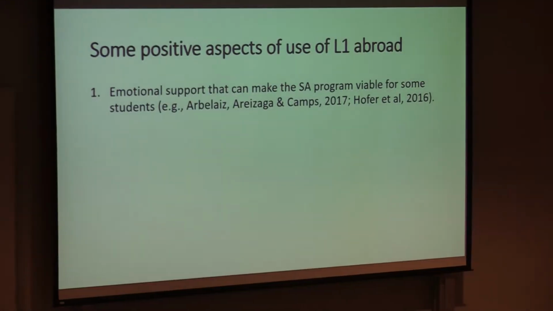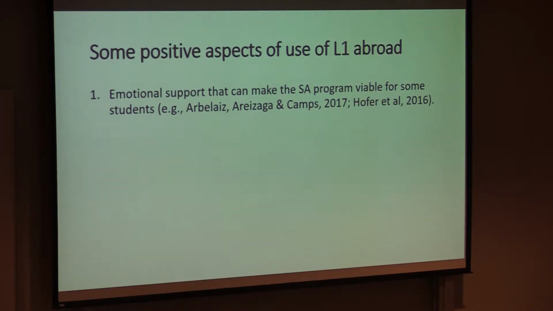So, despite these negative components of the use of the L1 and social media, there are some positive aspects. There are some studies which have looked at this in terms of the emotional support that the students can have in these types of programs. And again, this is based on a number of studies looking at actual empirical data.